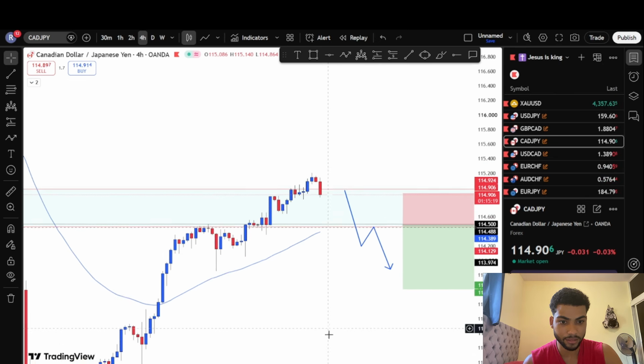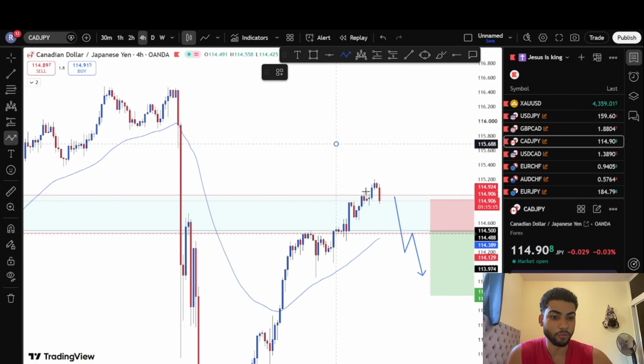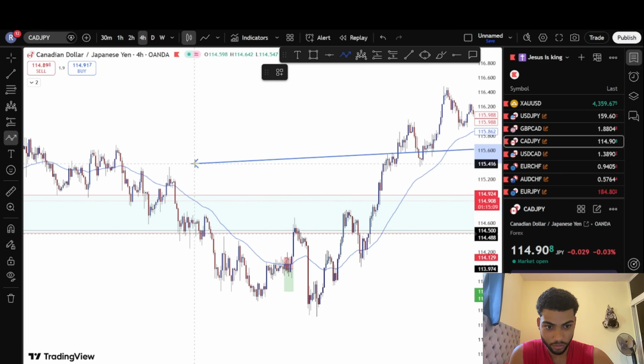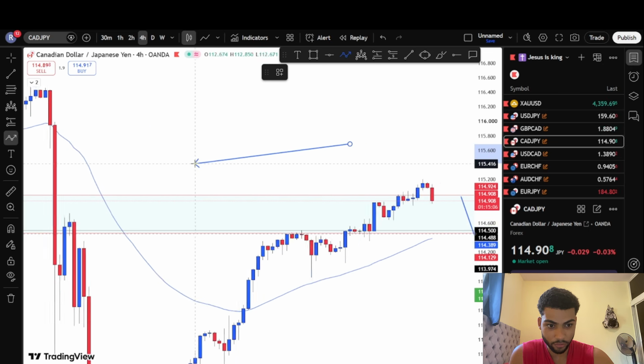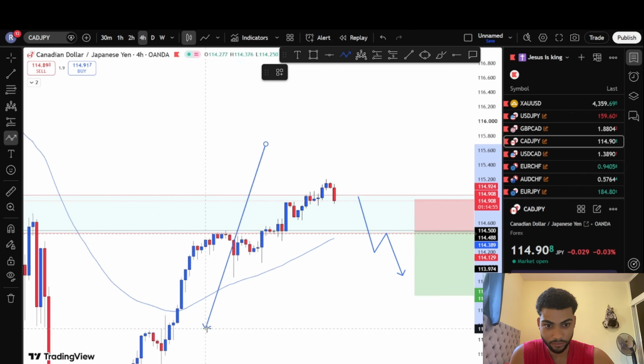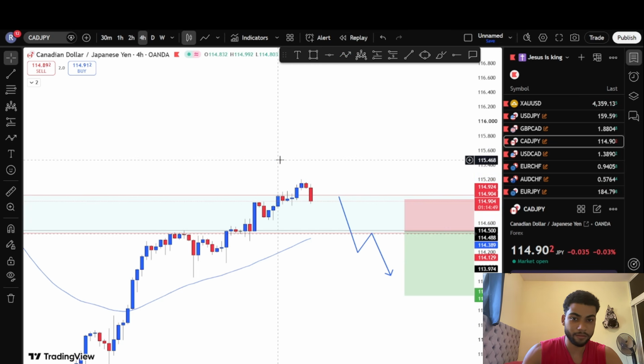Right now price is above this area and I cannot sell if we are above it, because whenever price is above this area it can use it as a support. What I'm going to be waiting for is for price to then break it under, retest it, as it did in the past. Price broke below this area, retested it, and then sold off. So that's what I'm waiting for: for price to break under, retest it, to then sell off.